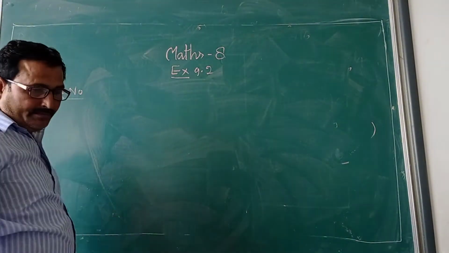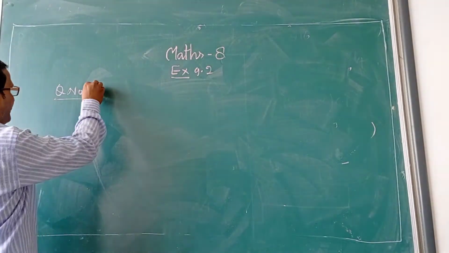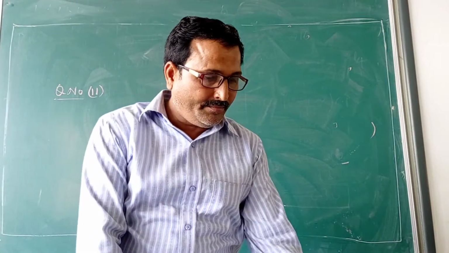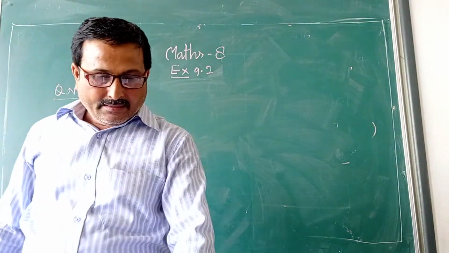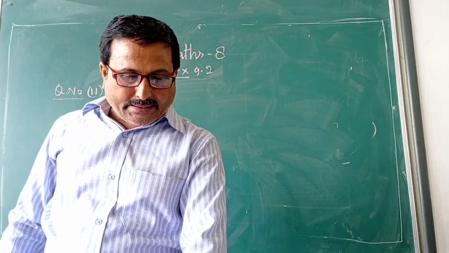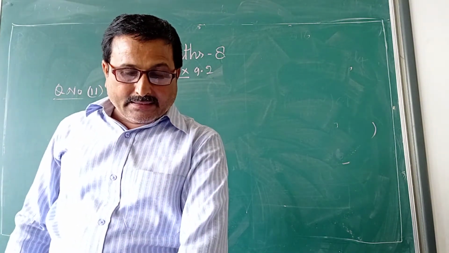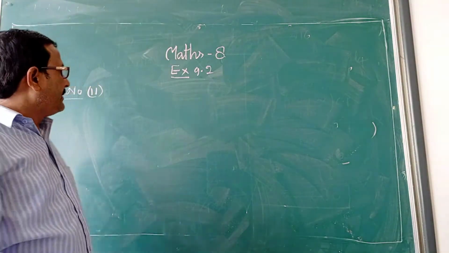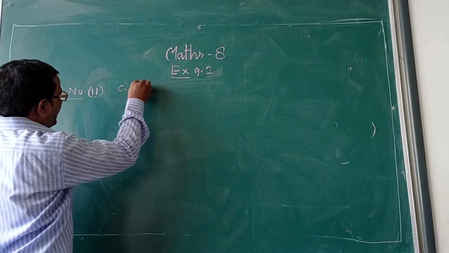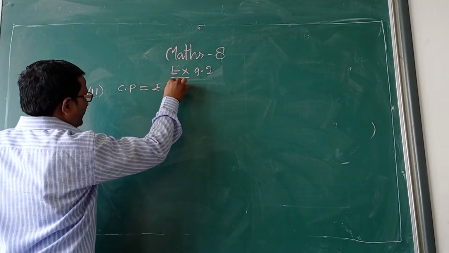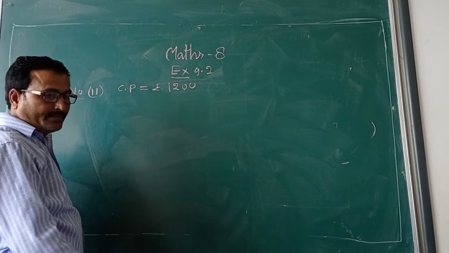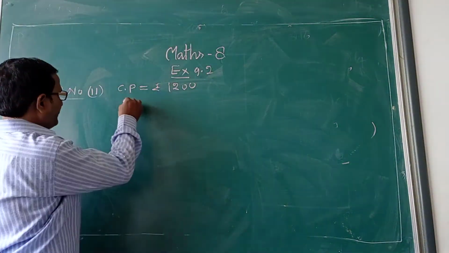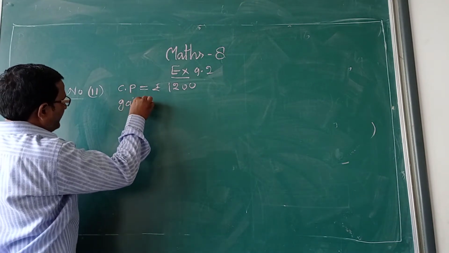See, question number 11. What is given in the question? At what price should a trader mark the article? The marked price is being asked. Cost price is given, CP is rupees 1200, and gain is given 12%.